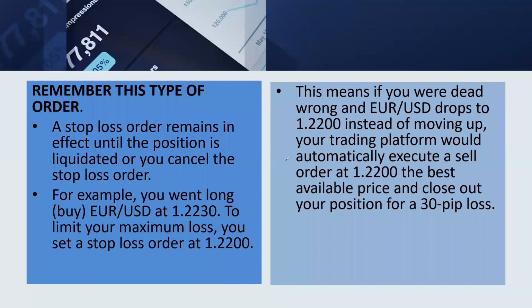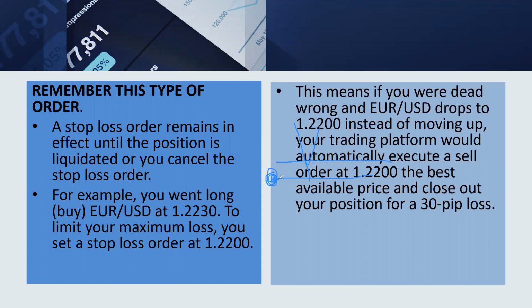What do I mean? You have your trade here and you want this market to actually move up. All right. So let's say you were wrong and this market didn't move up and this market starts going down. You have your stop loss order here.